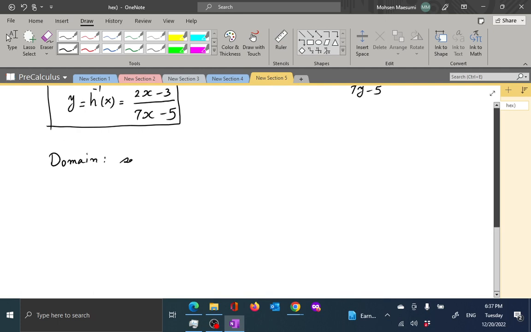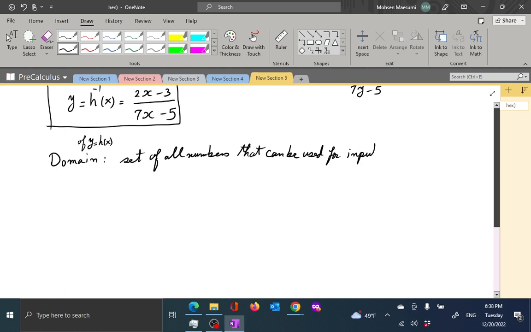Domain is the set of all numbers that can be used. So the domain of y equals h of x is the set of all numbers that can be used for the input value x.